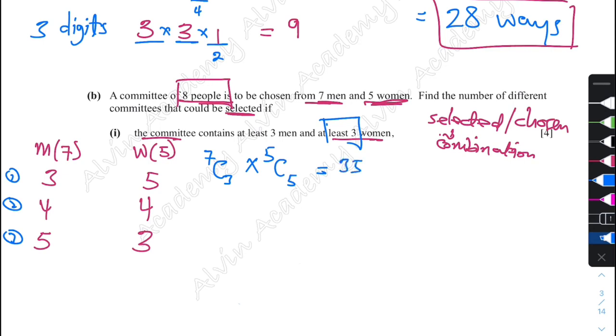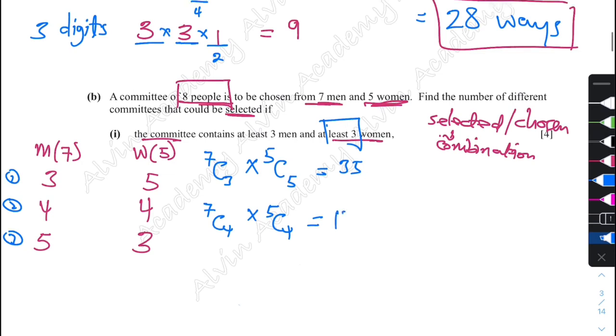Okay, let's look at the next case. That is 7 men, you are choosing 4, and then 5 women, you are choosing 4. So what we have is 7 combination 4 times 5 combination 4, giving us 175. And then finally we have 7 combination 5 times 5 combination 3.